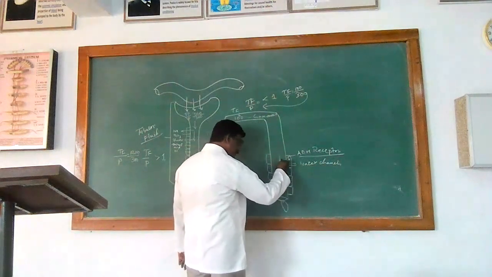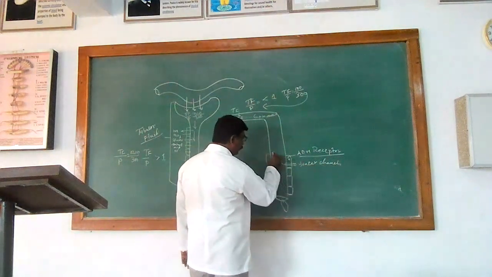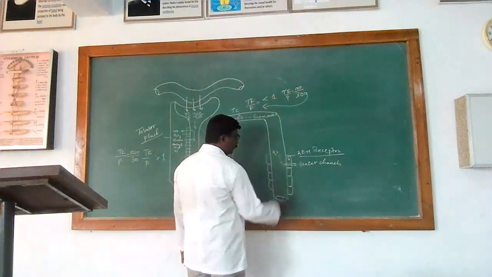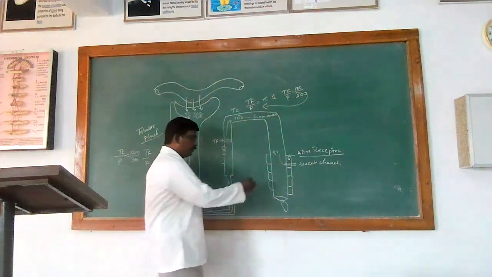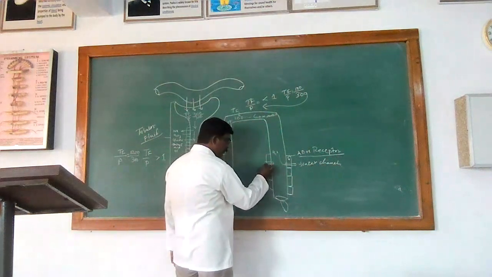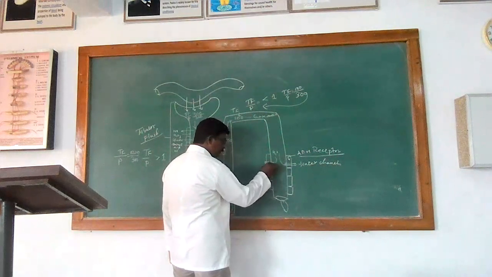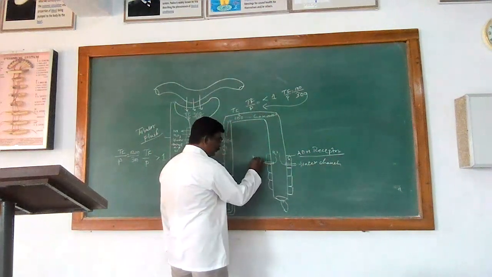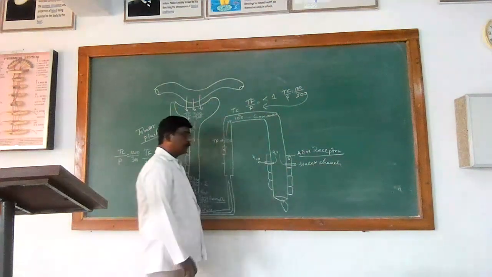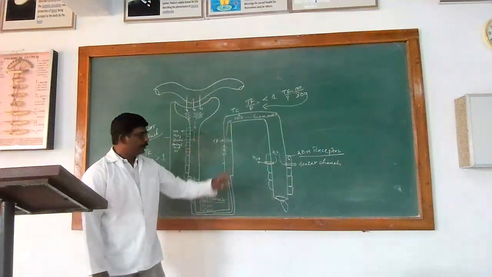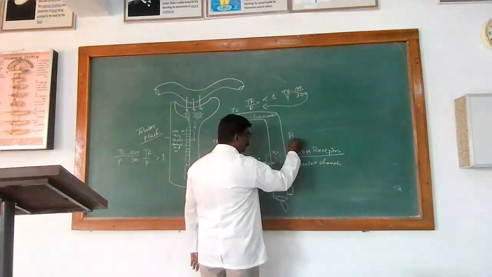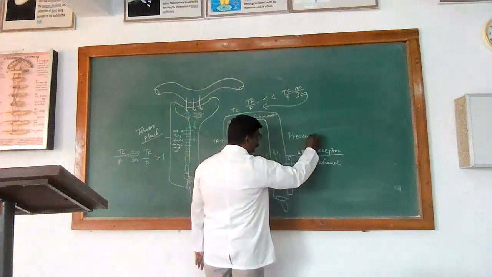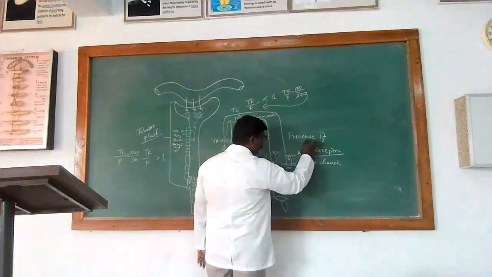So whatever water is present in the lumen will come through these water channels. So H2O will come, in the presence of ADH.